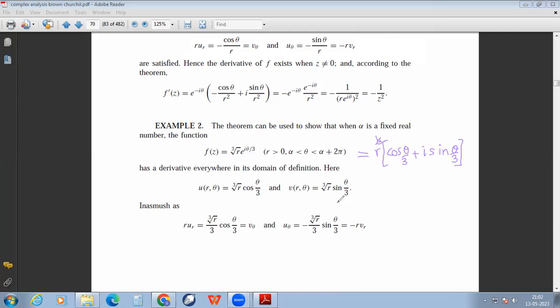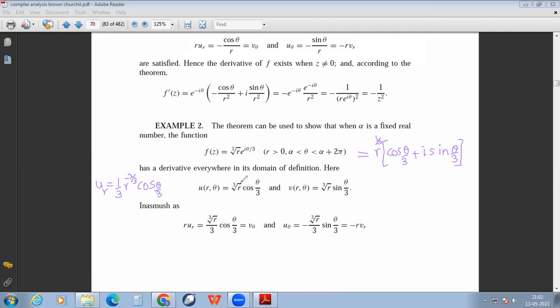Now you go for what will be u_r, v_r. We have to differentiate the things. So what will be u_r then? It is the cube root, so 1/3 as the coefficient, and r will be raised to what? 1/3 minus 1, so minus 2 by 3, into cos theta by 3 as it is.